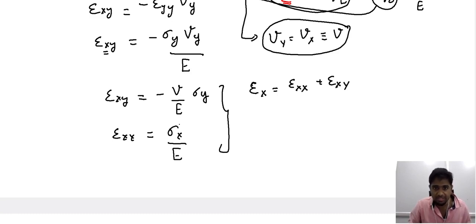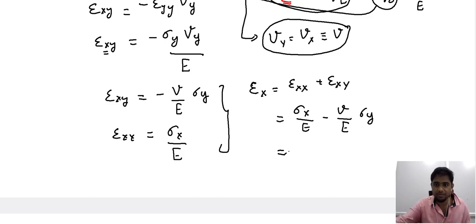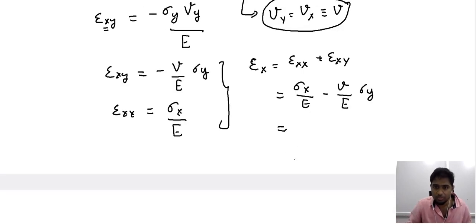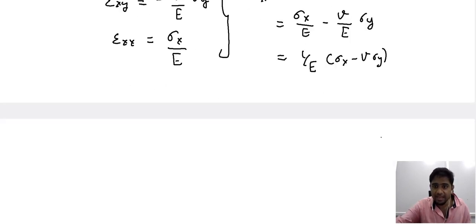So when we sum these two up, what we end up having is sigma x by E minus Poisson's ratio, Young's modulus, and sigma y, and it is possible for us to bring this 1 by E out, and what we end up having is sigma x minus Poisson's ratio sigma y. So this is the ultimate expression.